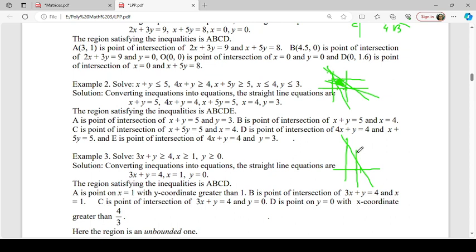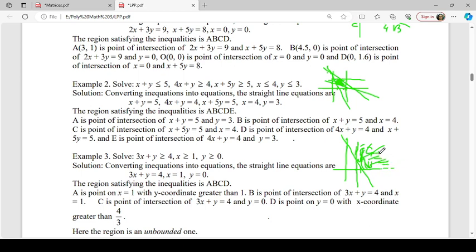Means our region is this one. It is not bounded. This is the region outside this line and this line, and y is greater than 0, above the x axis.